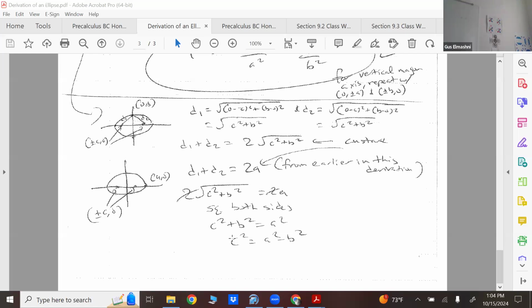You get this. Okay, so if you assume, because that's the point on the ellipse, d1 and d2 will become this if you do (0, b) minus (c, 0). Then d1 and d2, those have to be a constant. Set that equal to 2a. You end up getting a squared equals c squared plus b squared. Okay, so that's kind of crazy too. So that whole thing is a whole other thing.